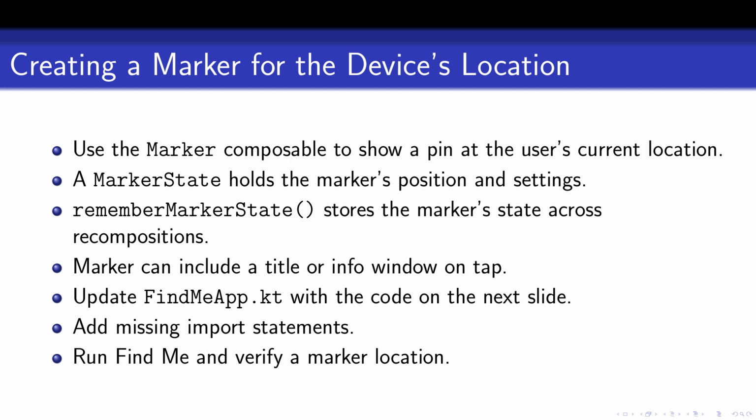You can optionally add a title to the marker, such as "Here you are," which appears in a small info window when tapped. This marker complements the animated camera update by giving users a clear, static point indicating their exact position. It also serves as a visual anchor that persists as they interact with the map.